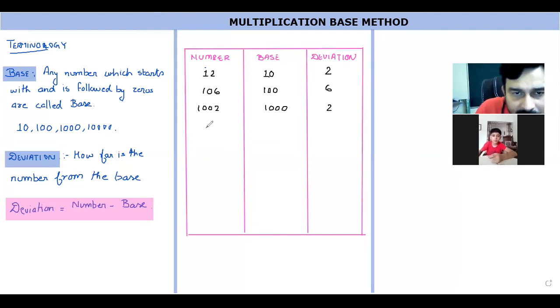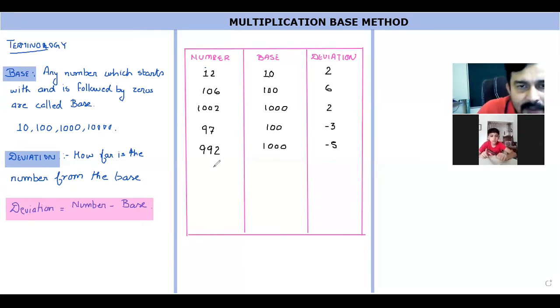If the number is 97, the base is 100 and the deviation is -3, since 97 minus 100 is -3. If the number is 992, its base is 1000 and the deviation is -8.